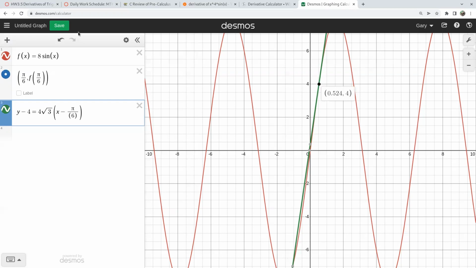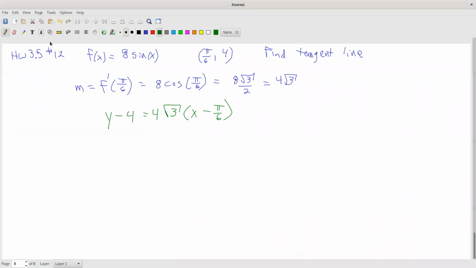All right, so we just got to do a little cleanup on that to figure out what b is. It's not too bad. We have to add the 4 over and we have to distribute here. So I'm going to get 4 square root of 3 x. I already know that's the slope right there. Minus 4 square root of 3 pi/6. And then I'm going to add the 4 over.